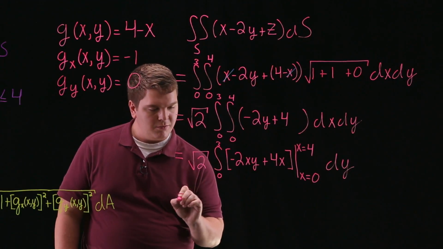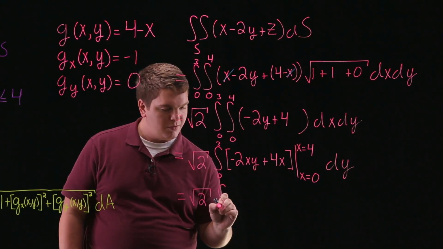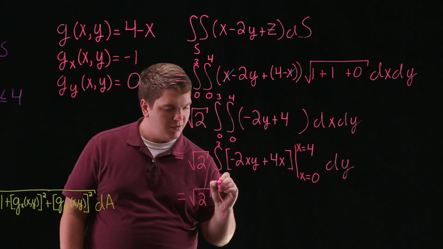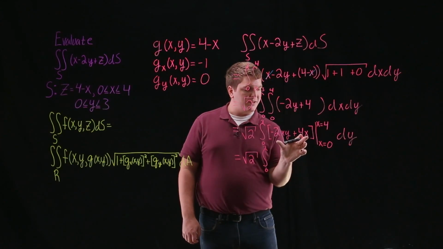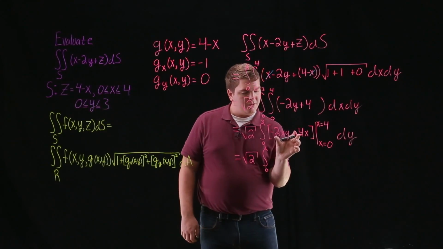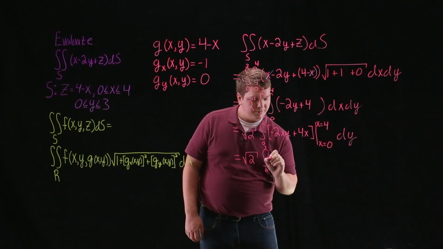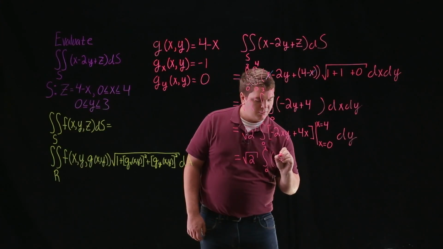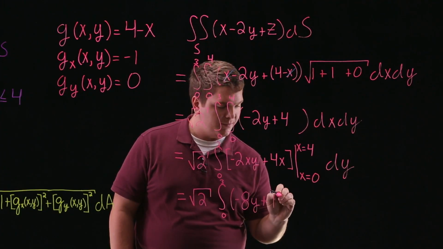So this is equal to the square root of 2 times the integral from 0 to 3. Well, we know that when x equals 0, this is going to be 0. So all we need to find is when x is equal to 4, which tells us that this is going to be a negative 8y plus 16.